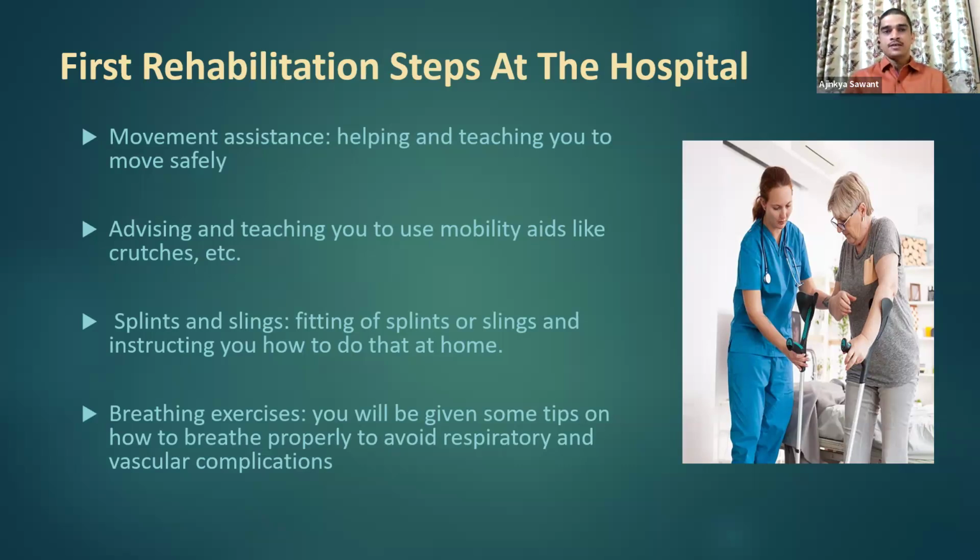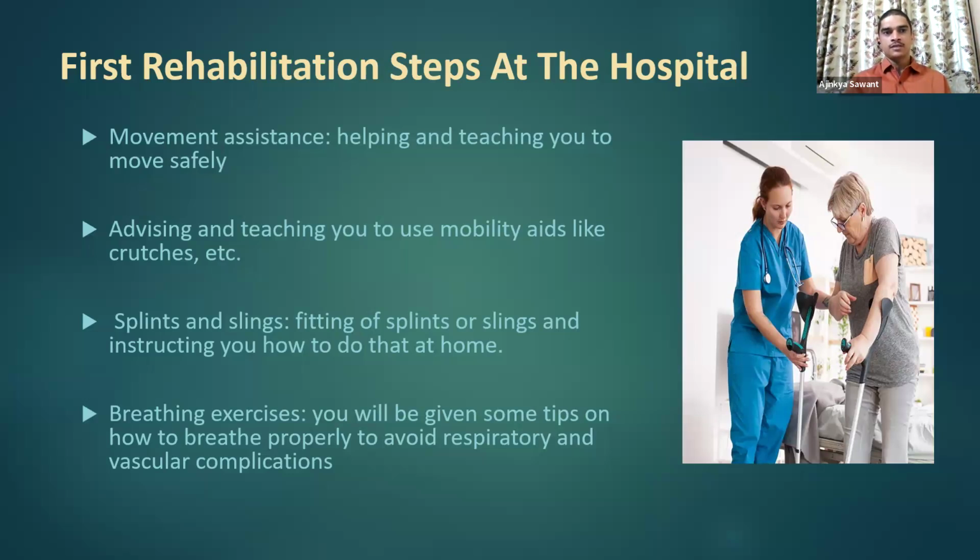Movement assistance is given to help teach you to move on the sides, roll in the bed, and get up from the bed. Then there are splints and slings. After post-surgical orthopedic or cardiac surgeries, or any surgery, splints are given and you are advised how to use them.